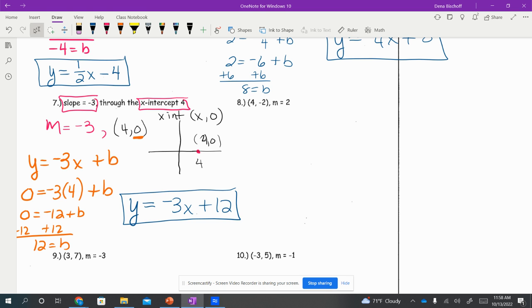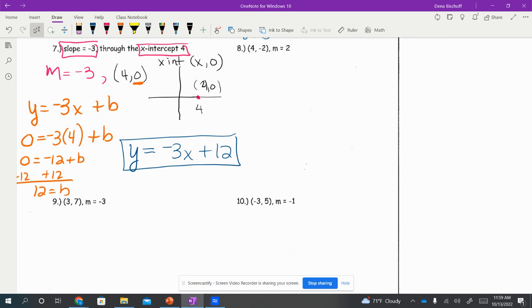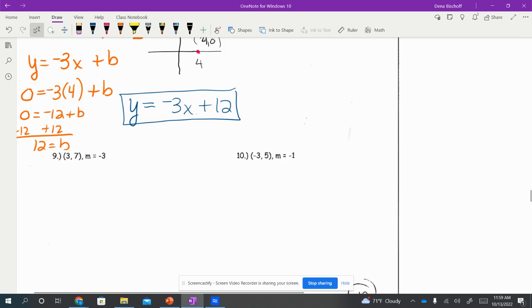Brody, Eli, Corbett, Gavin, and Aiden, you guys have question number 9. Kane, Kellen, Kate, Tessa, Naya, Danae, and Abigail have question number 10. Let me know when you're ready, and I will pass you the tablet to write. Ready, go.